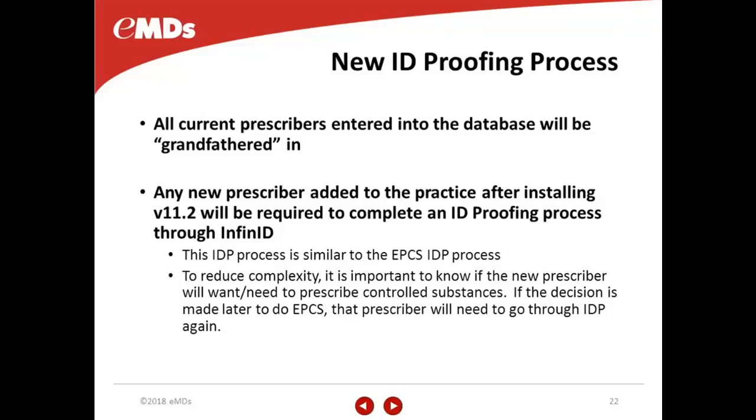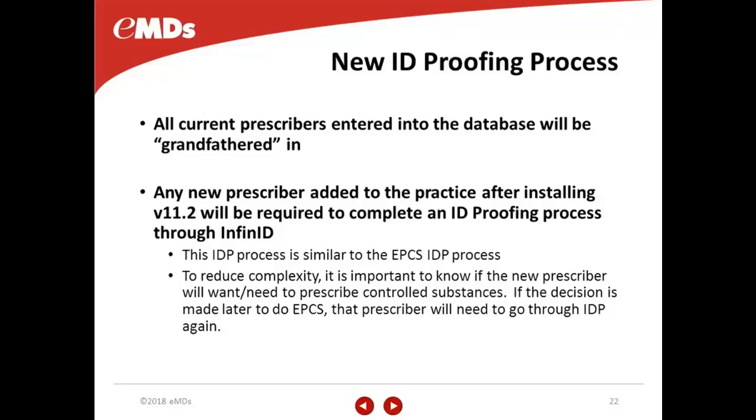So ID proofing is one of those processes that is now required for every single prescriber, whether they are going to prescribe controlled substances or not. ID proofing is going to be part of the new process for entering a prescriber after the 11.2 update is installed.